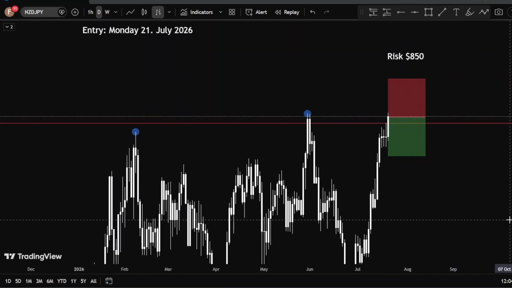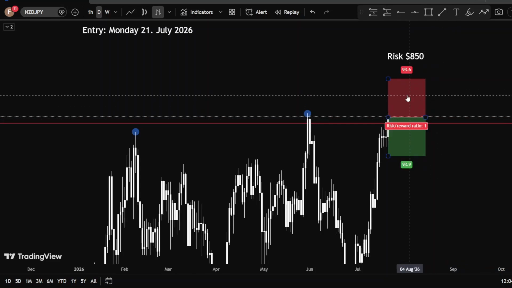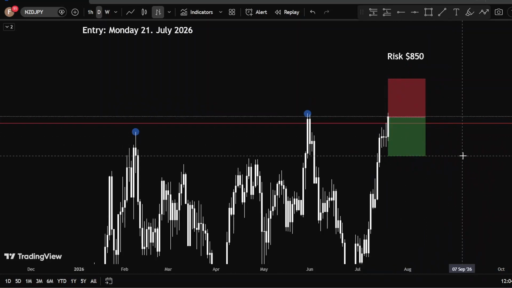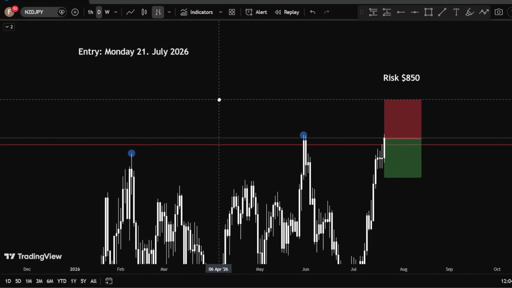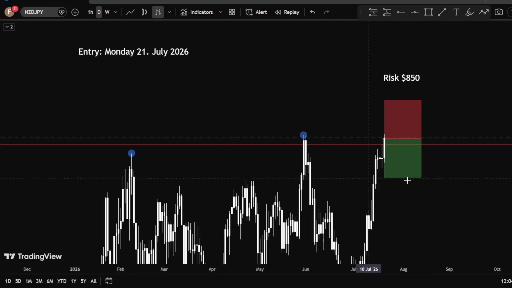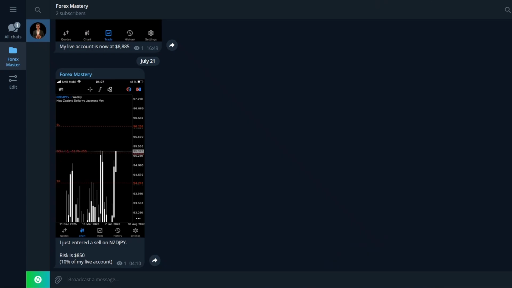Not much has happened since tonight. I think it's still in a good zone to enter. It's in a good place to enter. So if you were to look at this setup right now, or if you were to go to the Telegram channel and see, maybe you actually want to take this one yourself as well, you can see I was risking 10%.